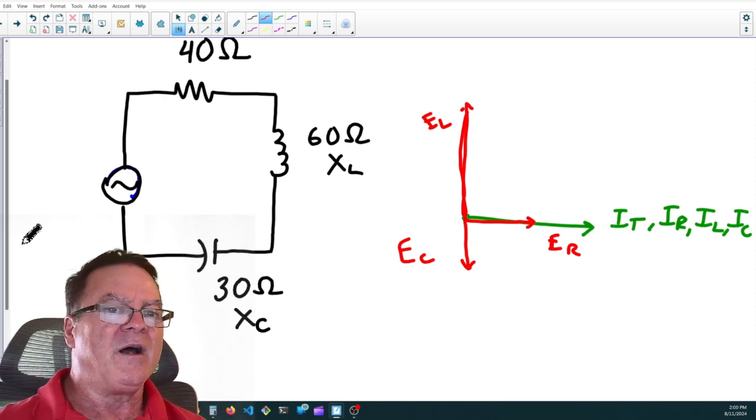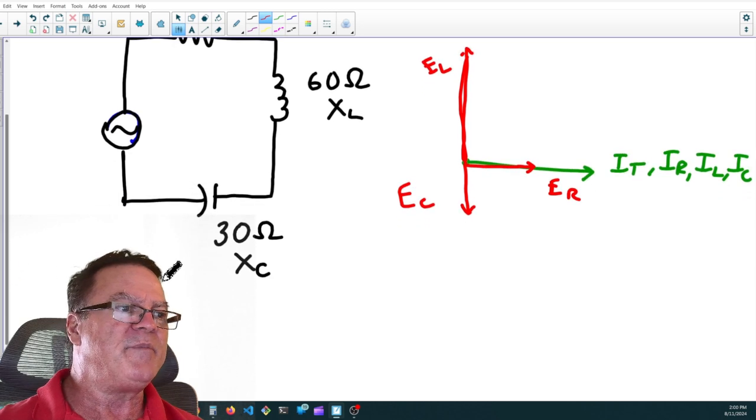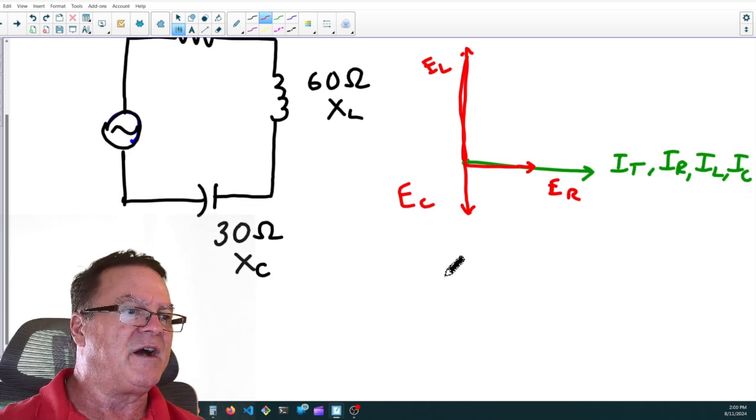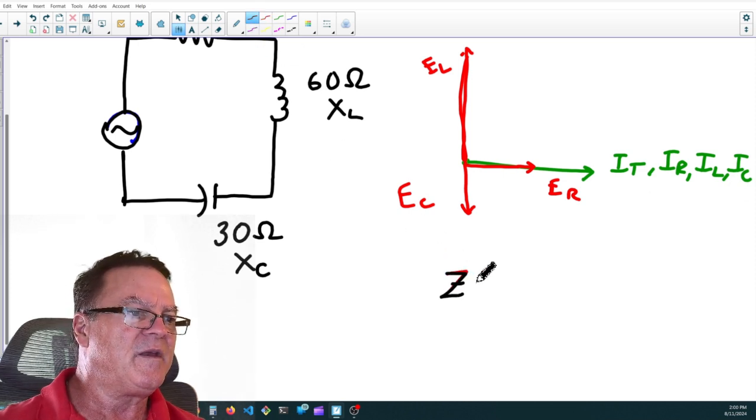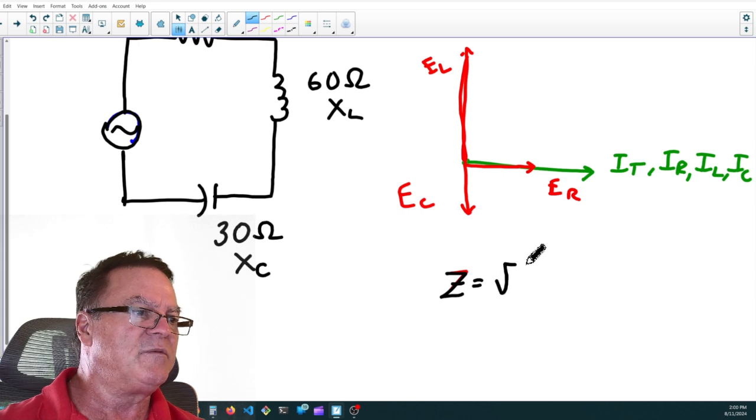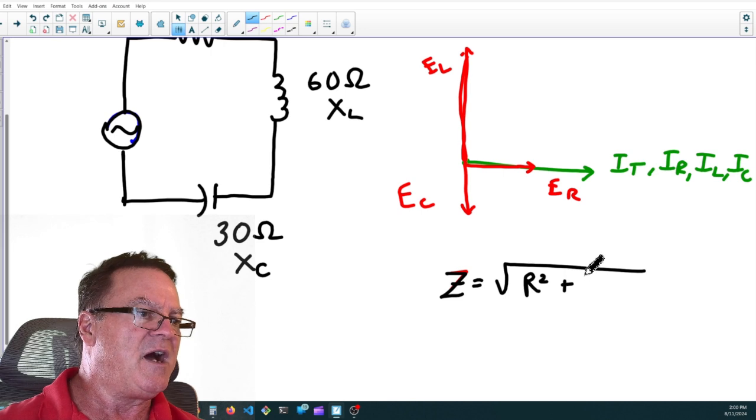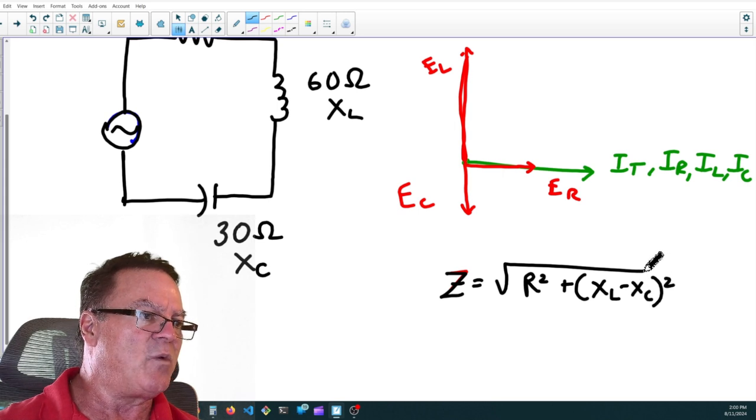So basically, let's find out what our impedance is. Impedance equals the square root of R squared plus, I'm going to open a parenthesis and say X of L minus X of C, close parenthesis, squared.